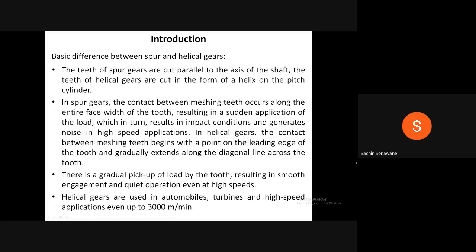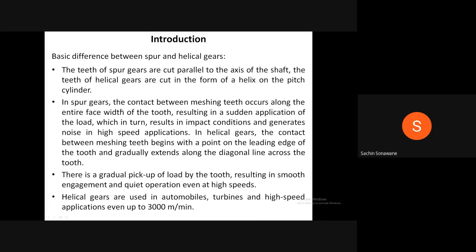Now, we will see basic difference between spur and helical gears. First difference is the teeth of spur gears are cut parallel to the axis of the shaft. The teeth of helical gears are cut in the form of a helix on the pitch cylinder.